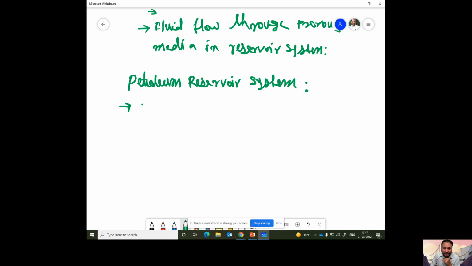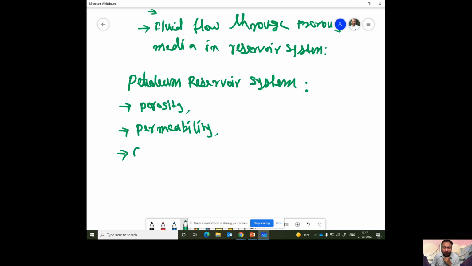What are the parameters? One of the parameters may be porosity. One of the parameters may be permeability. There may be viscosity, right?